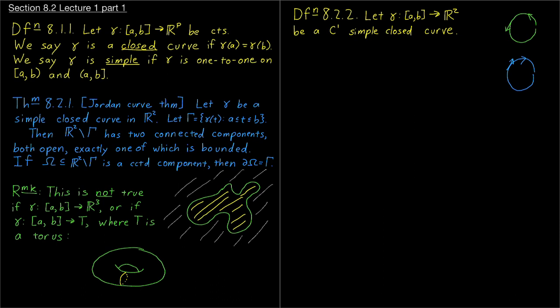The idea is that for your tangent vector, there are two vectors perpendicular to it, what we can think of as normal vectors: the one on the left and the one on the right. We say a curve is positively oriented if the normal vector on the left is the one that points to the interior of the region, the bounded region promised to us by the Jordan curve theorem.